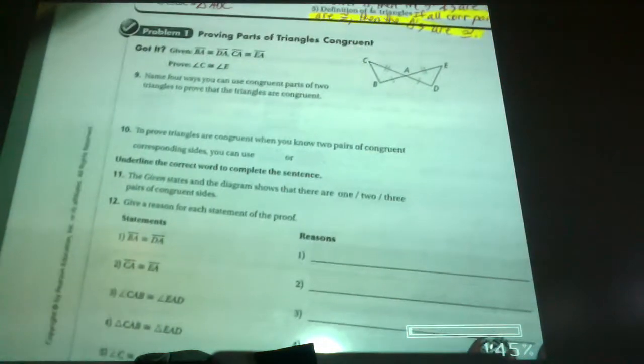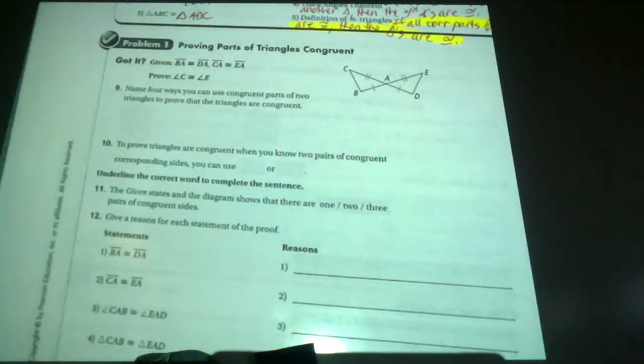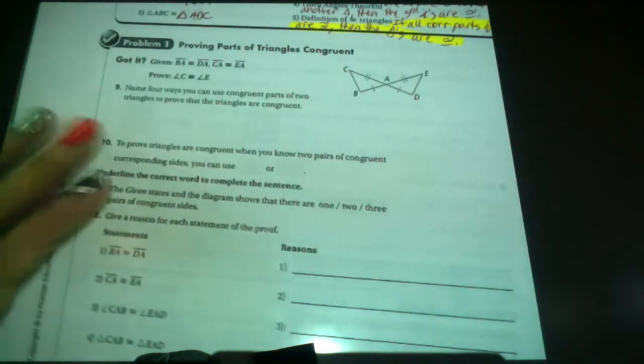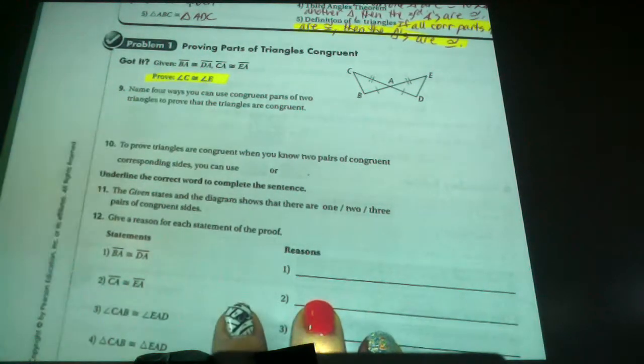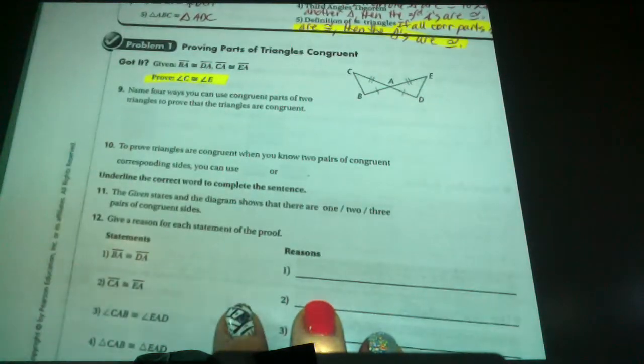But let's look at this one right here. So notice the change in proof statement. It does not ask you to prove the triangle is congruent. It asks you to prove two parts of the triangle are congruent. Before you can prove any parts congruent, you must prove that the triangles are congruent first.